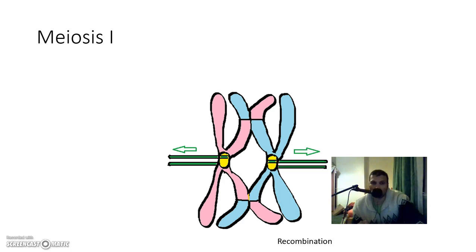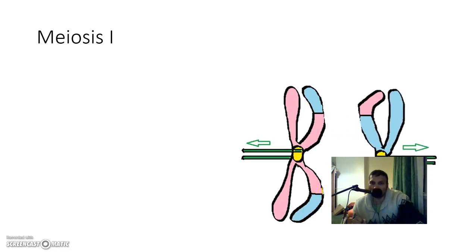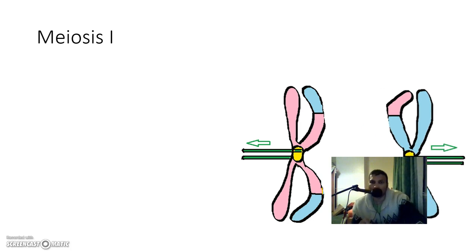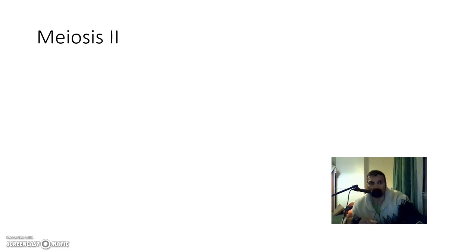The mono-oriented sister chromatids move in opposite directions, and meiosis 1 leads to two daughter cells. Further, this leads to another step of division called meiosis 2, which is required for the final step of meiosis.